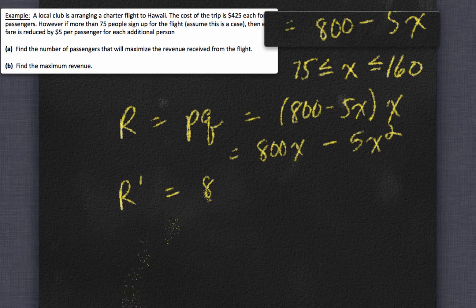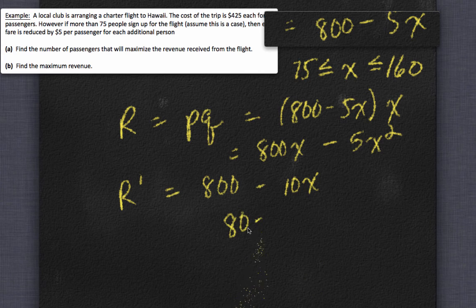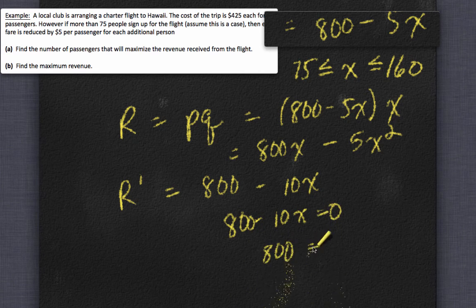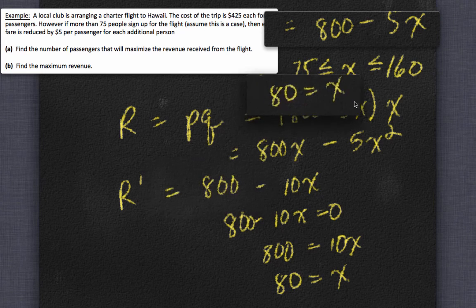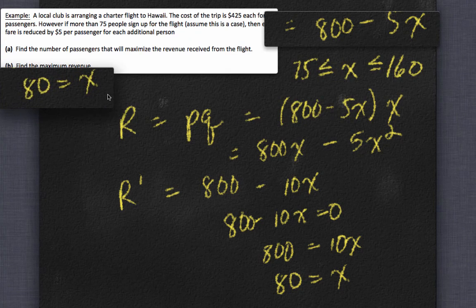So R prime is 800 minus 10x. So the number of passengers that maximize the revenue is 80. And that is in this domain.